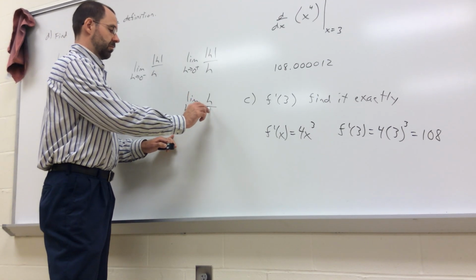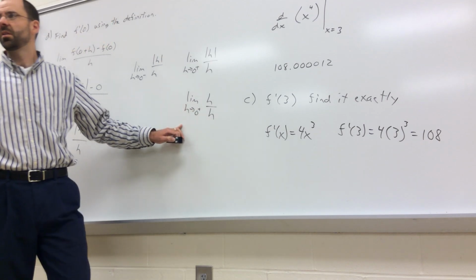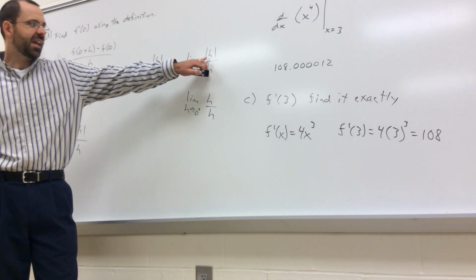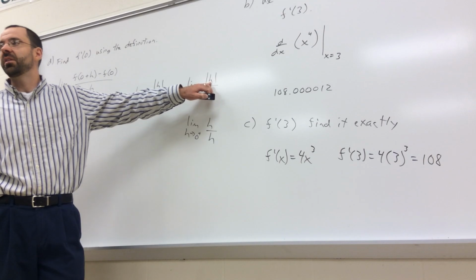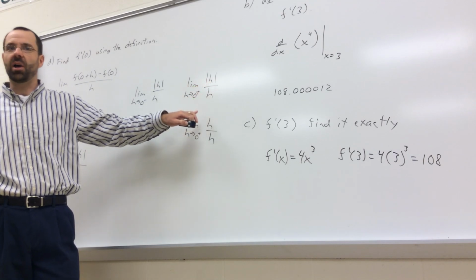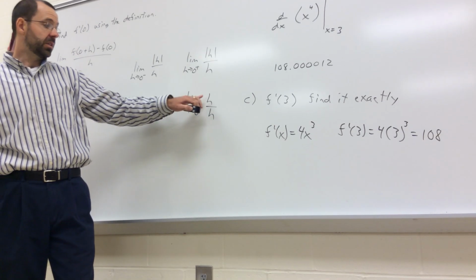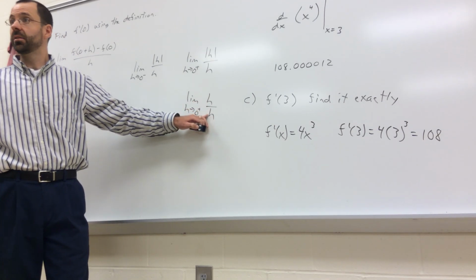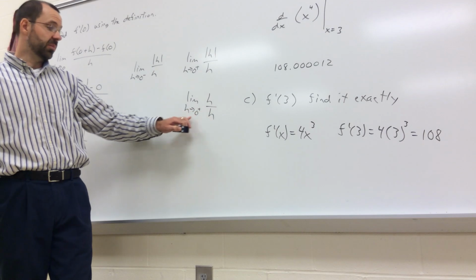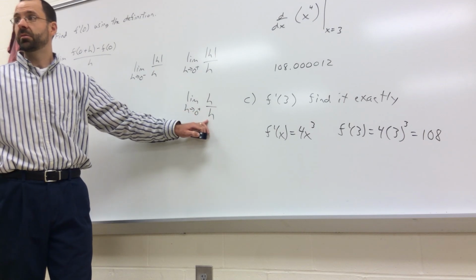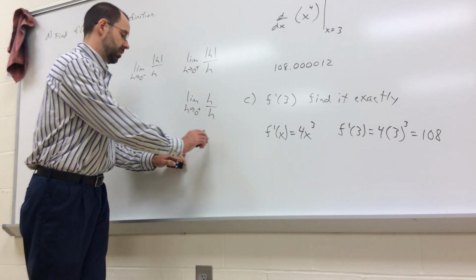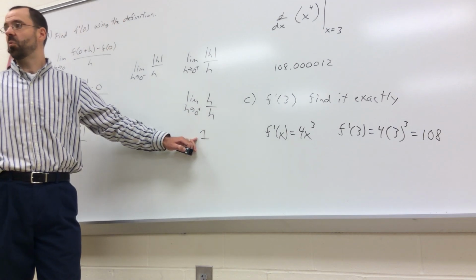Since h is a positive number, absolute value can just go away, because absolute value doesn't do anything to a positive number. Then h divided by h is 1, and the limit of 1 is 1. So that answer is 1.